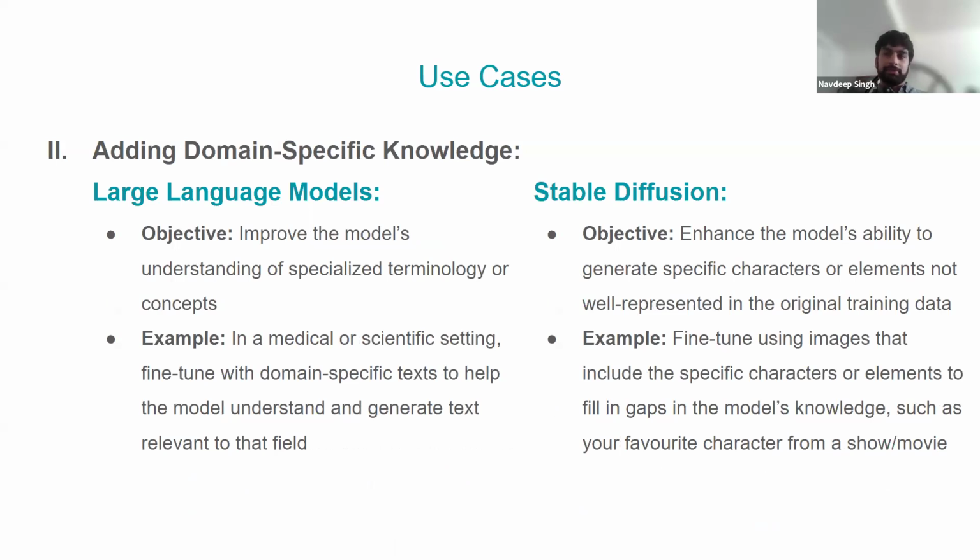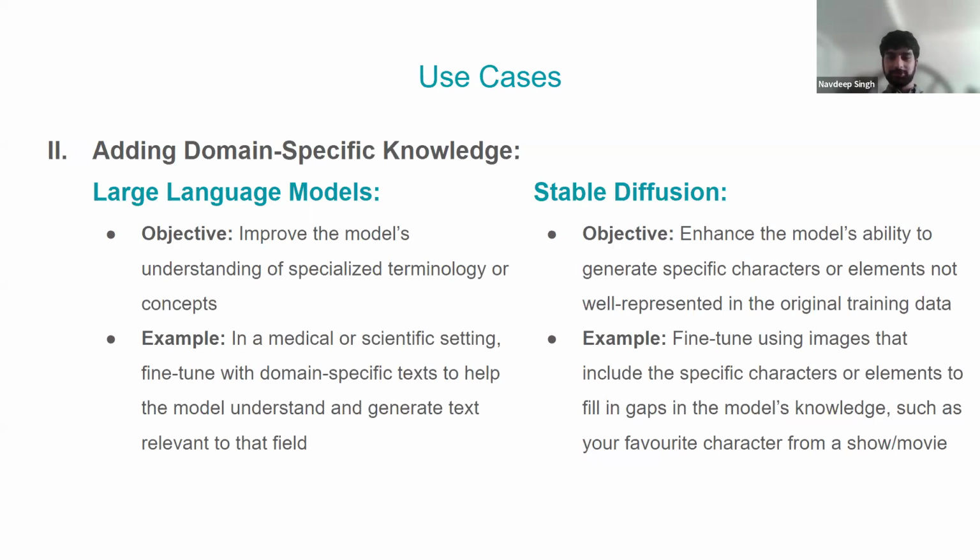Like I've said, these models are already pre-trained with whatever information was used, right? But in our case, at least, we're in a very scientific setting. So it could very well be the case there's a certain chemical or disease that's relevant to you and your project, and an LLM has no idea what it is. So you can fine-tune the LLM with a lot of information about this chemical or disease to fill in that knowledge gap that it didn't know about before.